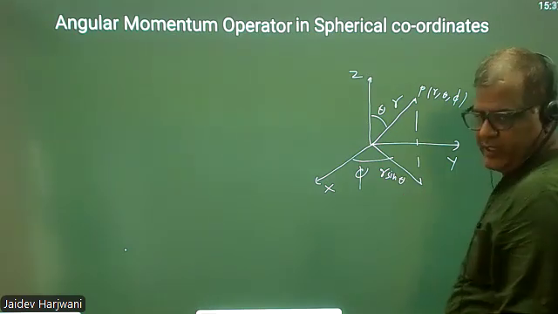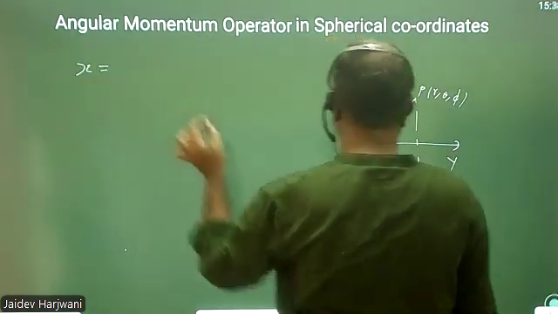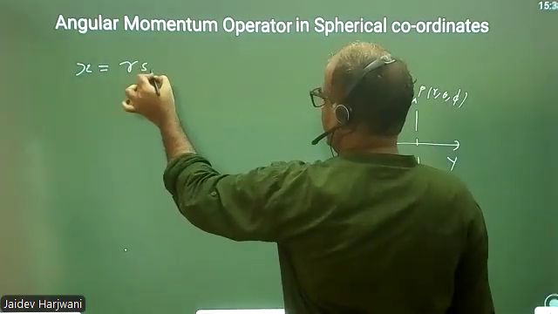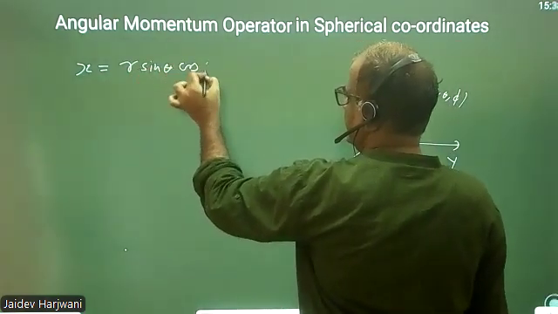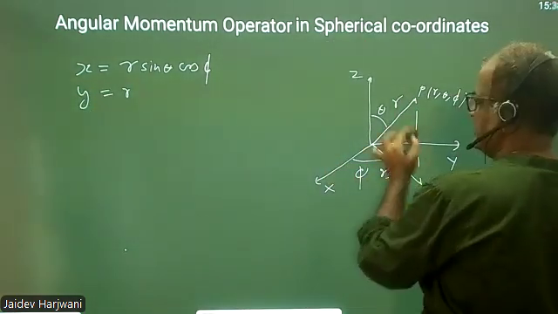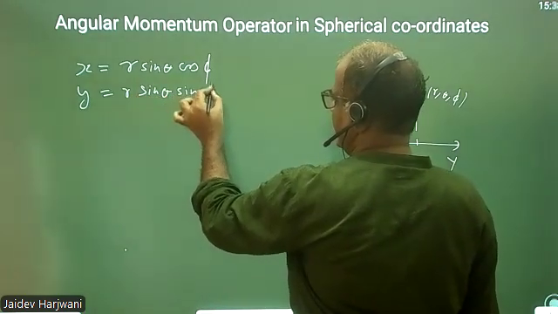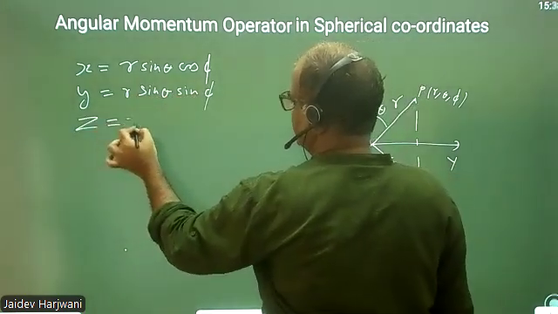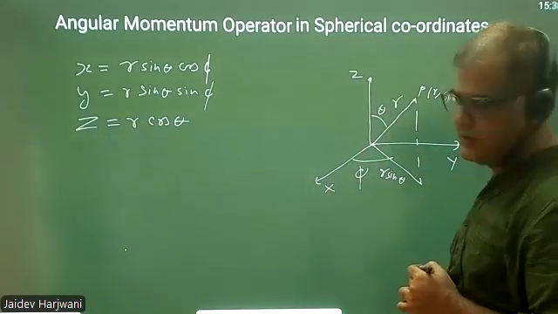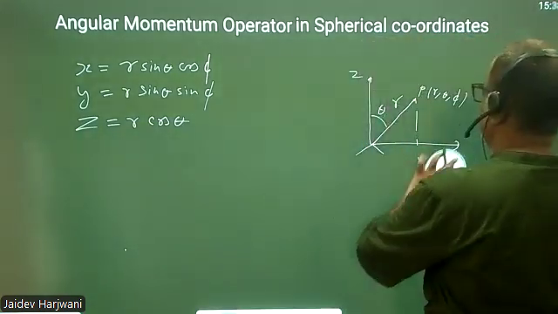And you can write x = r sinθ cosφ, y = r sinθ sinφ, and z = r cosθ.